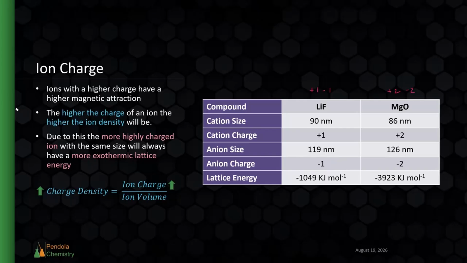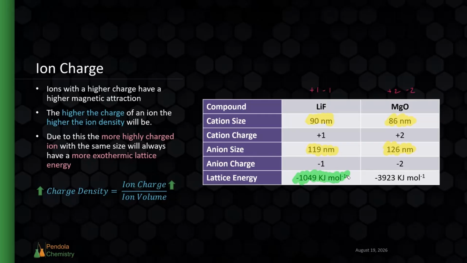If we look at the sizes, we have 90 nanometers for lithium, 86 nanometers for magnesium, very similar, 190 nanometers for fluorine, 126 nanometers for oxygen, again, fairly similar. So here we're kind of taking the size out of consideration because the sizes are similar. So the difference in their lattice energy is going to be solely based on the charges. And look at the difference, it's massive.